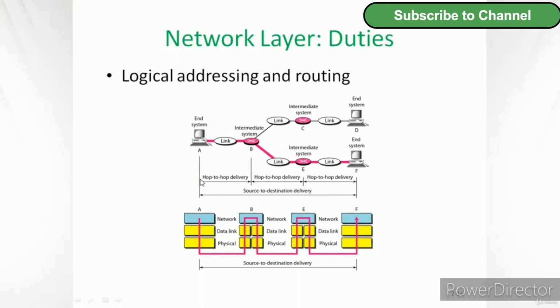The packets are sent from the source to the destination, which is source to destination delivery, and the network layer is responsible for that. Routing is nothing but finding the path or the location where the data is to be sent.